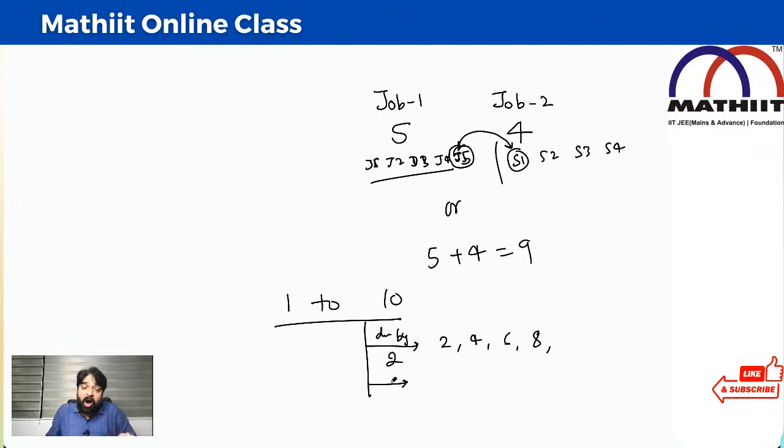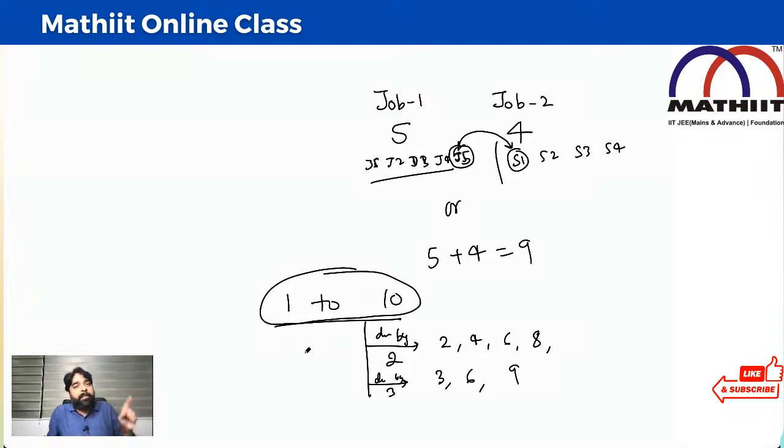Now, how many numbers are divisible by 3? Very simple: 3, 6, 9. Now, in how many ways can I select a number between 1 and 10 which is either divisible by 2 or divisible by 3? Means either this job or that job I have to do. Will you say 7? No, because 6 is common.